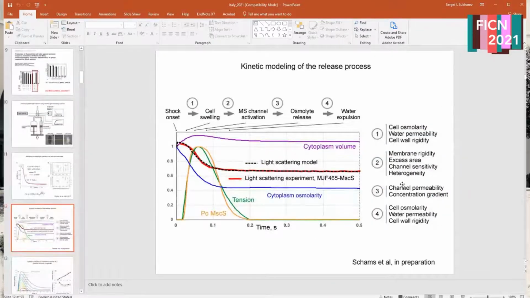All right, I will just briefly mention that this process can be modeled, and we utilized the standard biochemical kinetics package COPASI, and we figured out that the swelling of the cell is relatively small. It's about 10–15%.